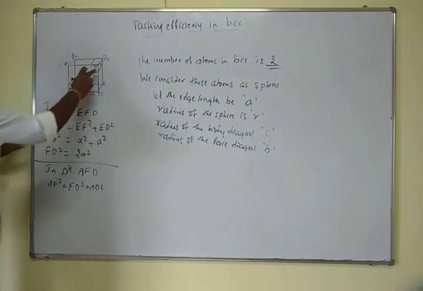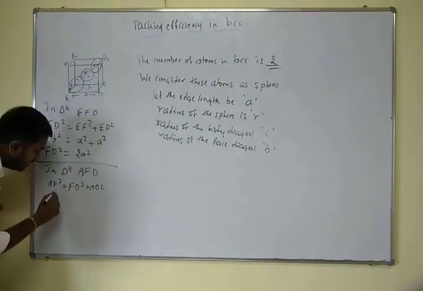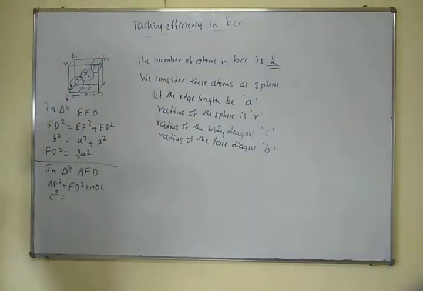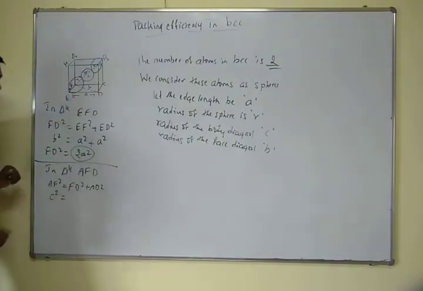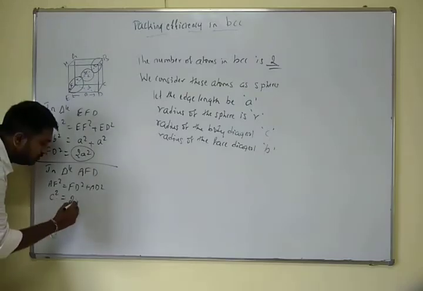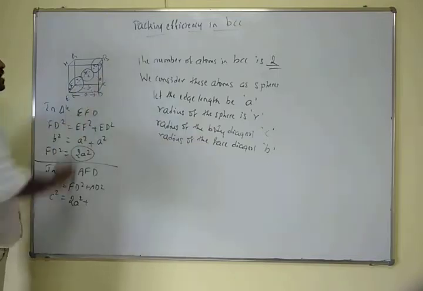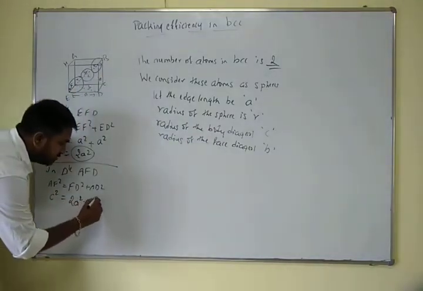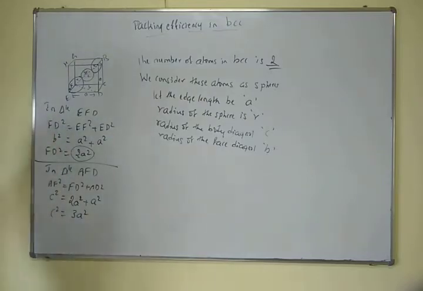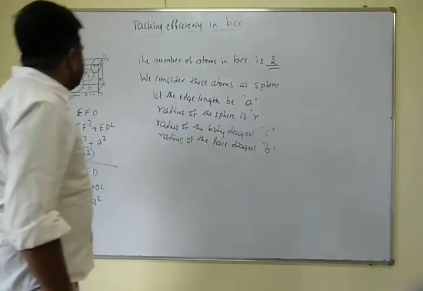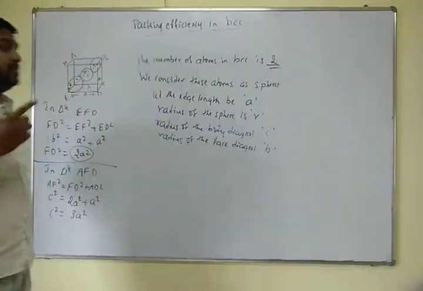So what is AF square? AF square is the body diagonal. We are representing it as C. So AF square is C square. And what is FD square? FD square we have calculated in the first triangle. That is 2A square. And what is AD square? AD square is also an edge. Clear? So that is A square. So C square is 3A square. We have got this value. But we need to observe, in terms of the radius of the spheres, how can we define the body diagonal?